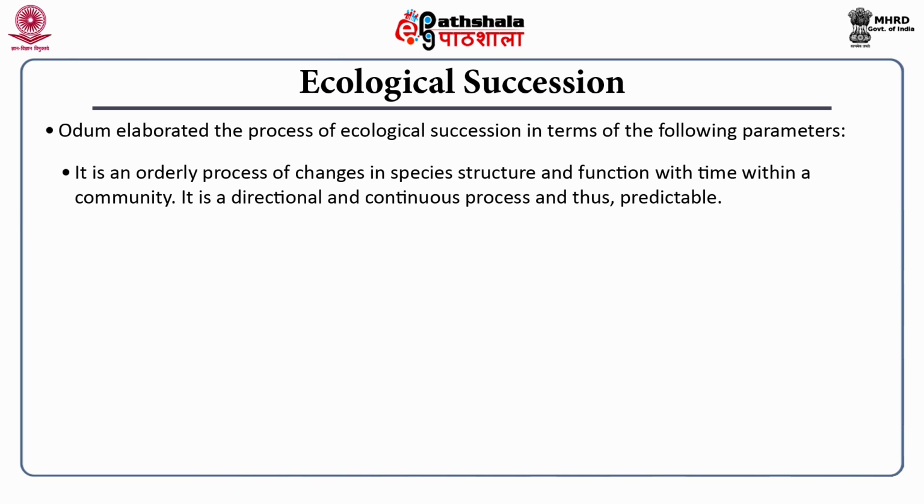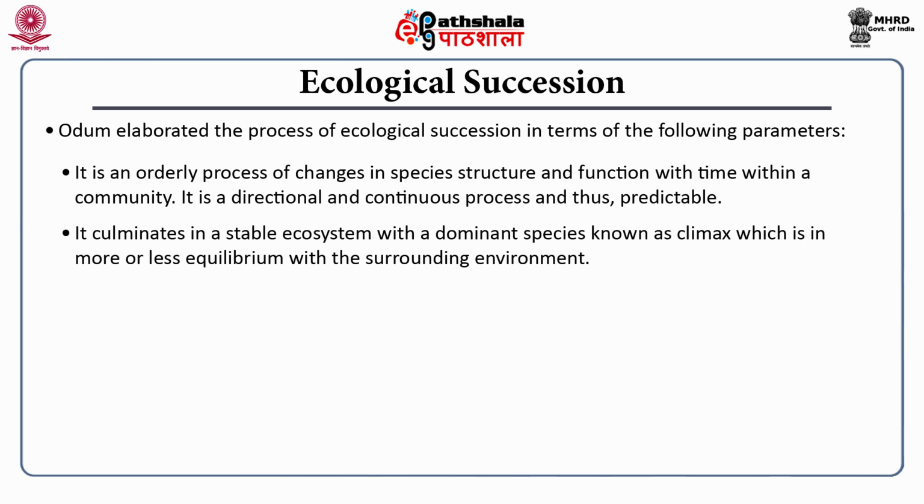It is an orderly process of changes in species, structure and function with time within a community. It is a directional and continuous process and thus predictable. It culminates in a stable ecosystem with a dominant species known as climax, which is in more or less equilibrium with the surrounding environment.